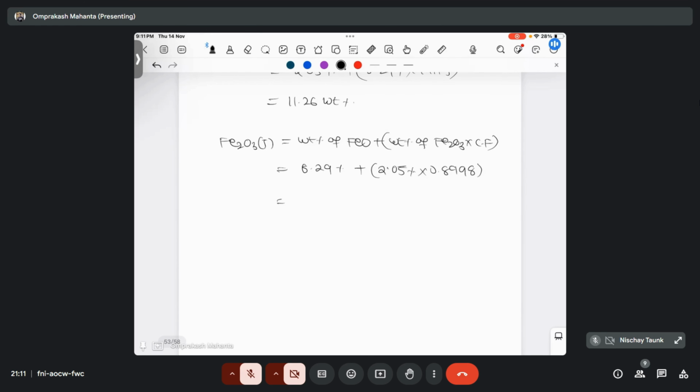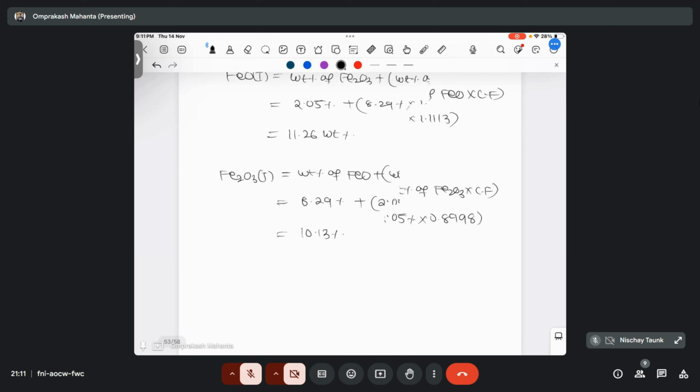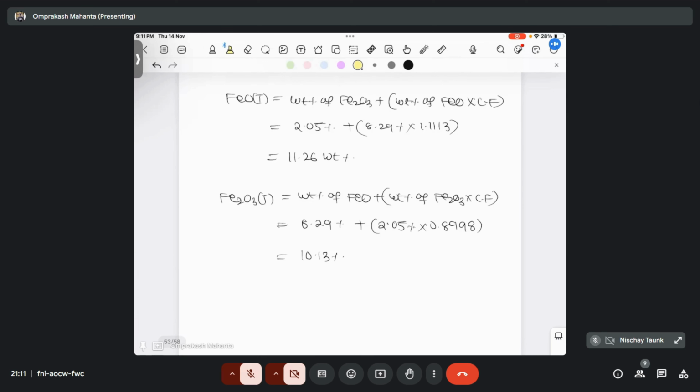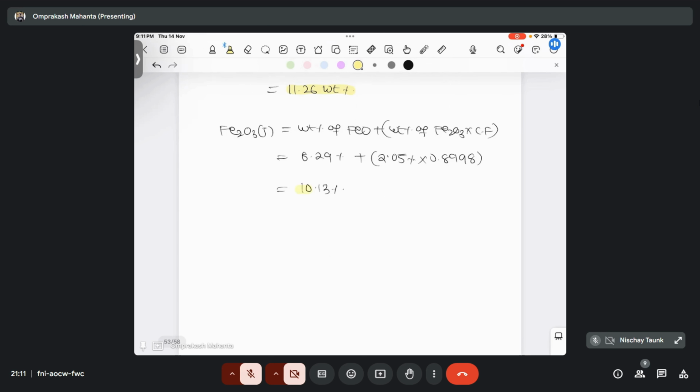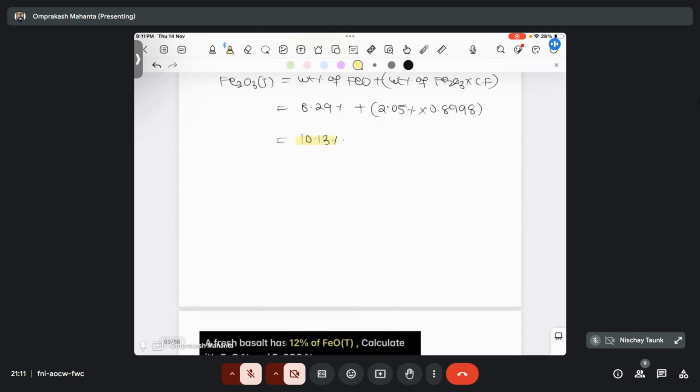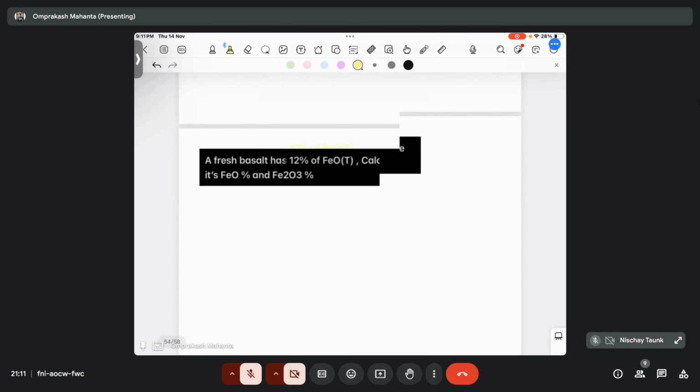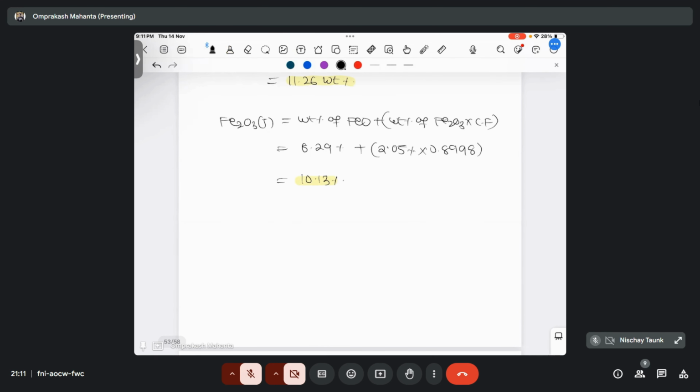If you solve this, it will come around 10.13. So FeO total is 11.26% and Fe2O3 total is 10.13%. Let's move to the next one.